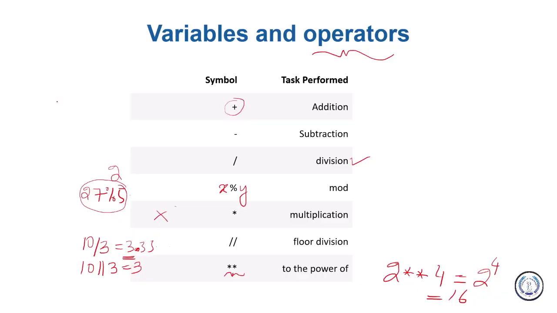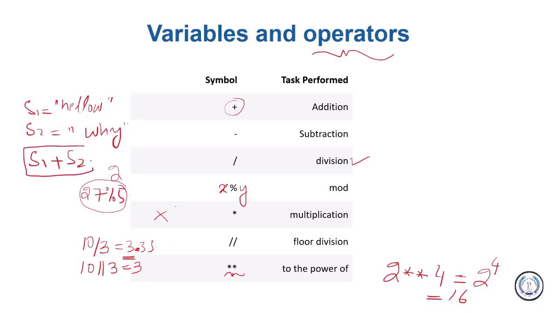Now think, for example, if you have a string, let's say hello, and this is string S1, and you have another string, let's say S2, which is y, then Python allows you even to add these kinds of data types. Although some don't make any sense with these kinds of string variables, but we will see for different data types, the definitions of these operators actually change or adapt accordingly.